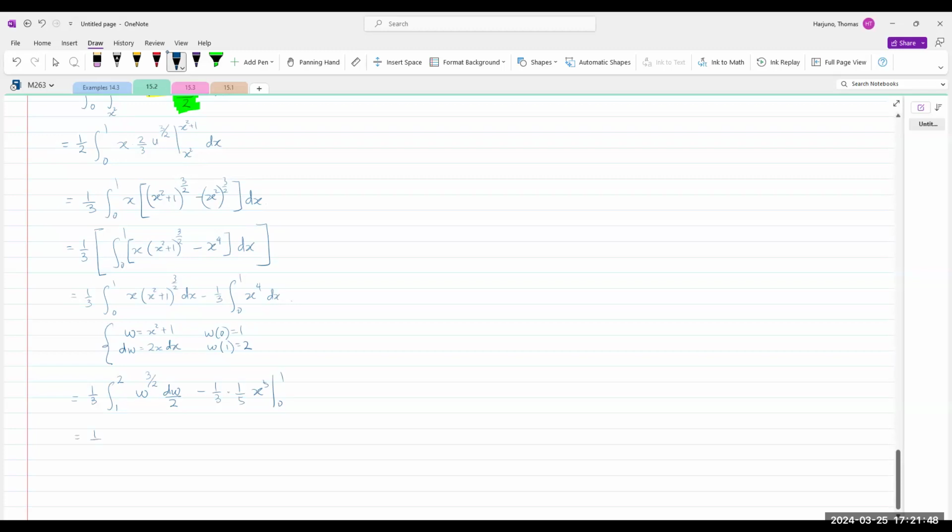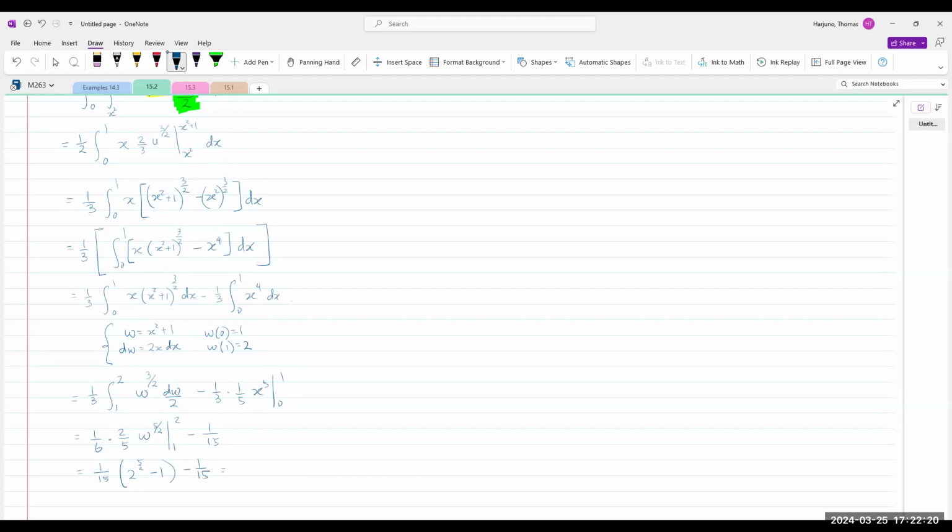So this is 1 over 6 times 2 over 5 w to the 5/2 from 1 to 2, minus 1 over 15. This will give us 1 over 15 also, but that's 2 to the 5/2 minus 1, minus 1 over 15.